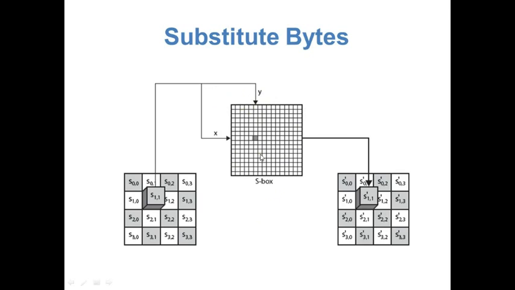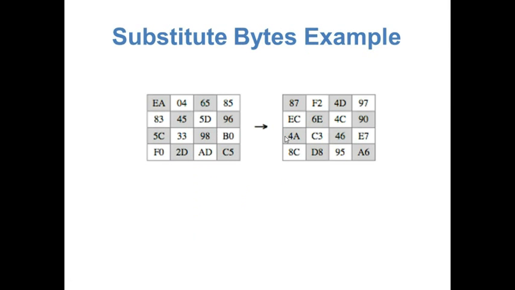The byte substitution operation on each byte of the state is independent, with the input byte used to index a row and column in the table to retrieve the substituted value. Let's take an example of the substitute byte transformation from text to text.